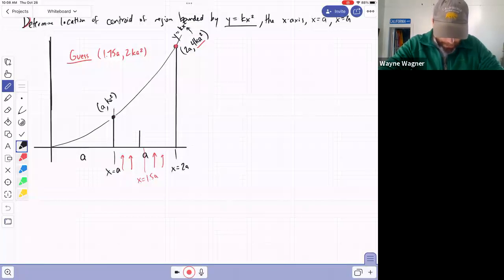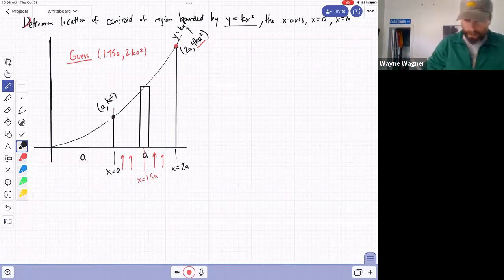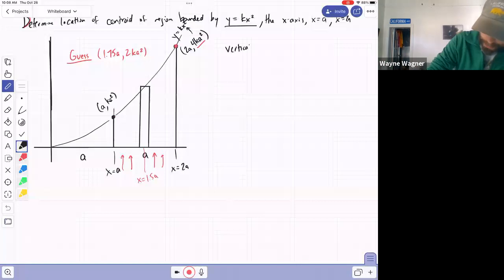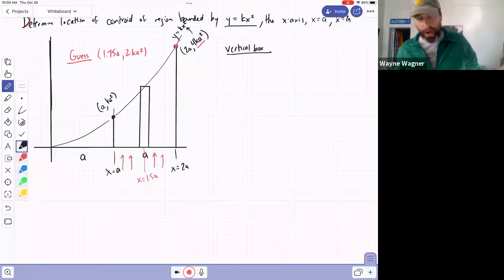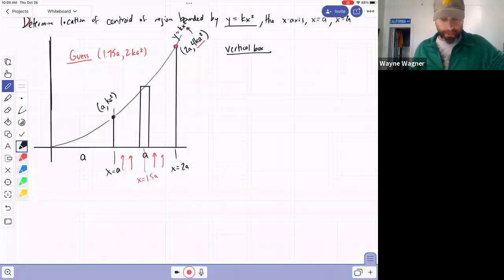Let's start with a vertical box, and I'll draw it a little wider so we can look at it. I'll solve for X bar and Y bar with vertical boxes.